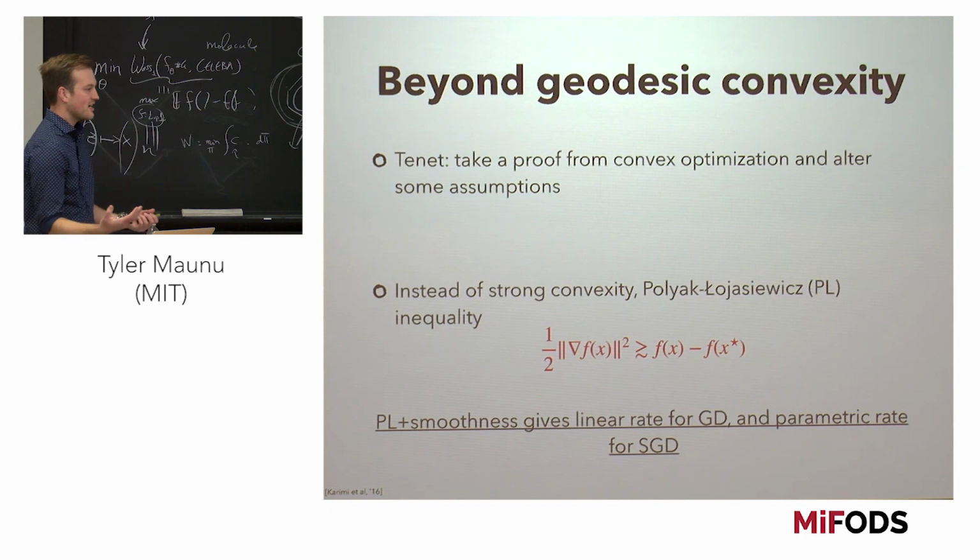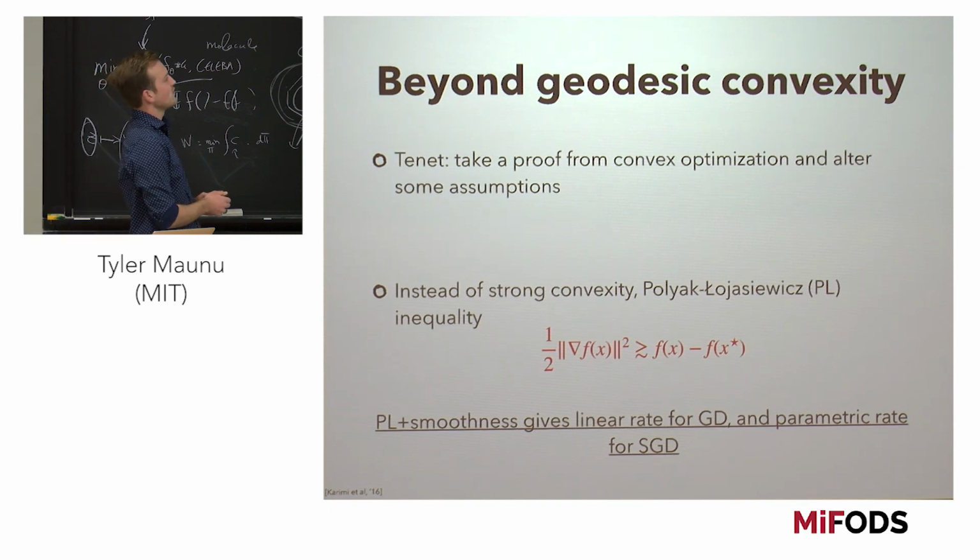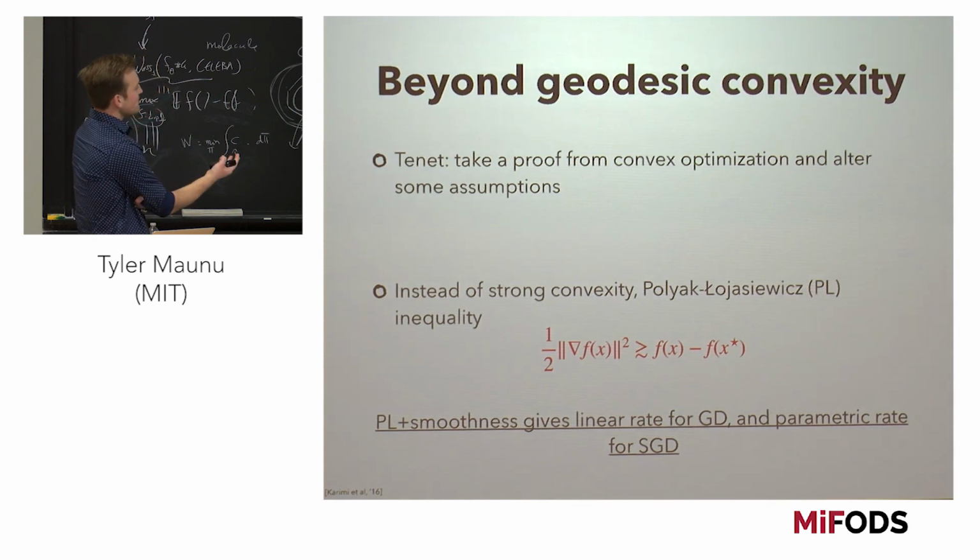And since this is a non-convex problem, we of course looked to the non-convex optimization literature. One of the things that people do a lot there is take some proof from convex optimization and alter some assumptions, so that you are in a non-convex case, but you have exactly what you need to still succeed. One of the most common ones is to assume a Polyak-Lojasiewicz inequality, or PL inequality, which basically tells me that my gradient squared grows by some constant factor times the function values.